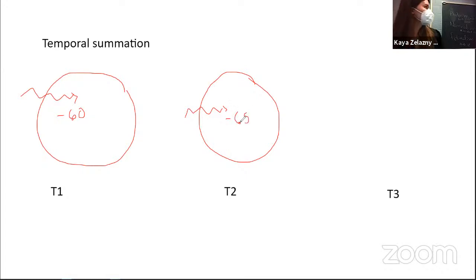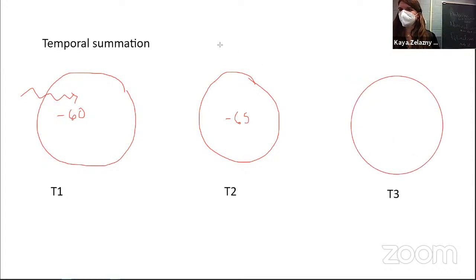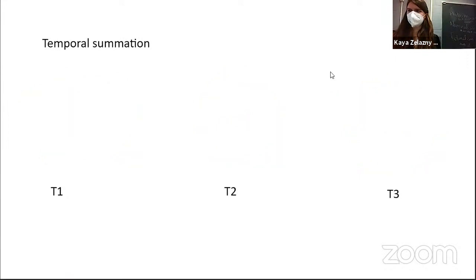But now we're starting at a little higher point. Oops, I should have erased the stimulus. Sorry, guys. So this is kind of a resting point between. And then at T3, we have another signal come in. This is a really big one. Gets us to negative 55 because it didn't have as far to go. So then we would fire off an action potential. So that's kind of what that would look like.